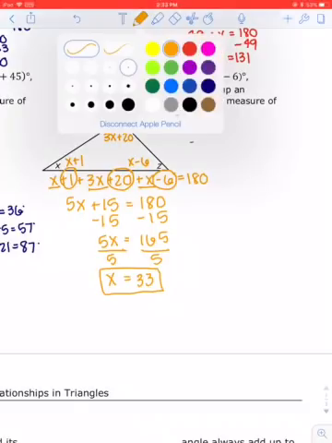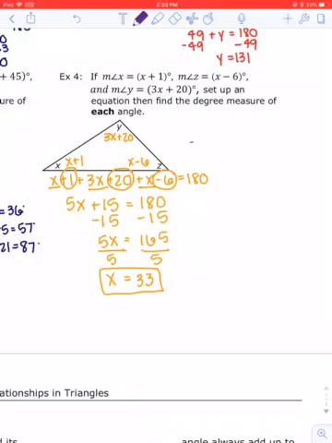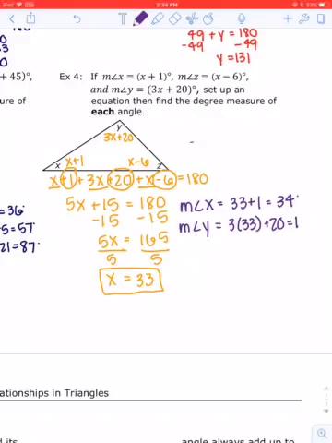So then I plug that value back in to each measure. So measure of angle x would be 33 plus 1, which gives me 34 degrees. Measure of angle y would be 3 times 33 plus 20, which would be equivalent to 119 degrees.